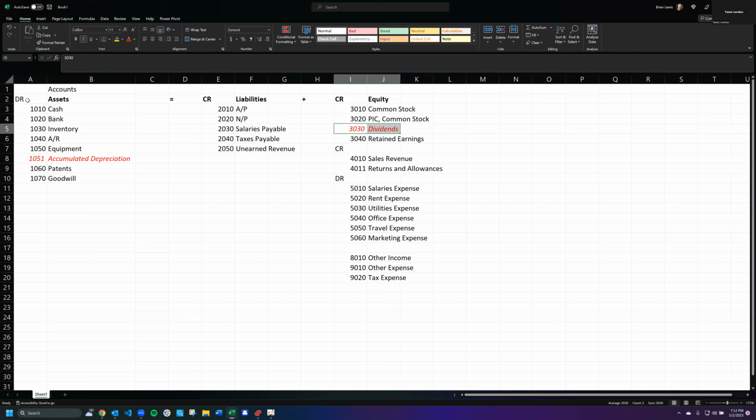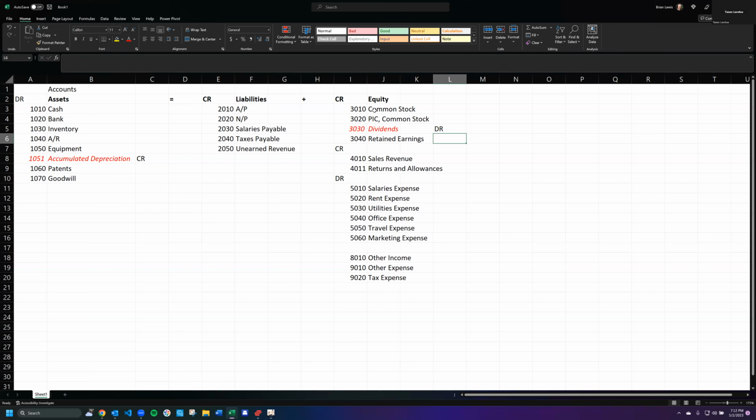Whereas in accumulated depreciation, a credit is its normal balance. And dividends is the same thing. The normal balance is a debit, the opposite of what the normal account would be under equity. And so these are exceptions to the norm, which is why they call them contra accounts, exceptions to the norm for that set of accounts.